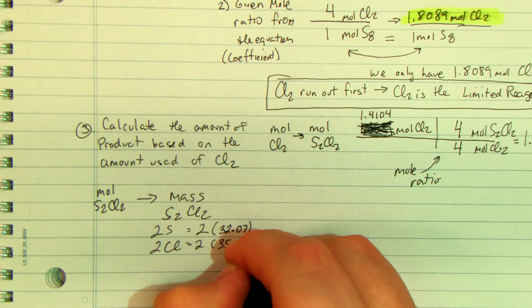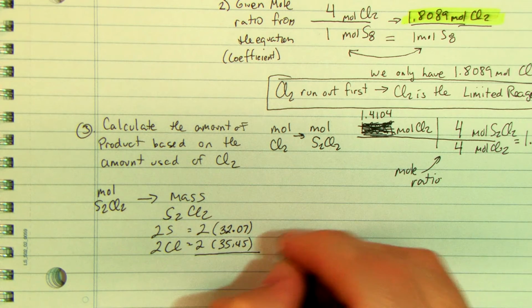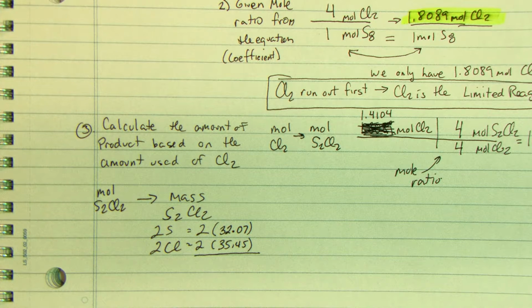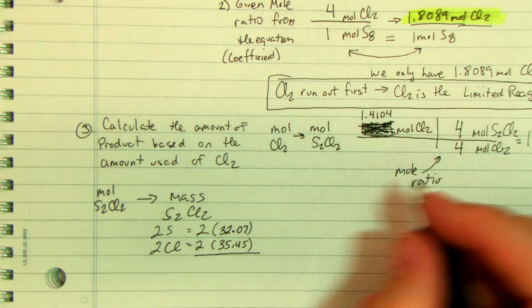And putting that into our calculators, we're going to get 2 times 32.07 plus 2 times 35.45. We're going to get 135.04 grams per mole. That's our molar mass.